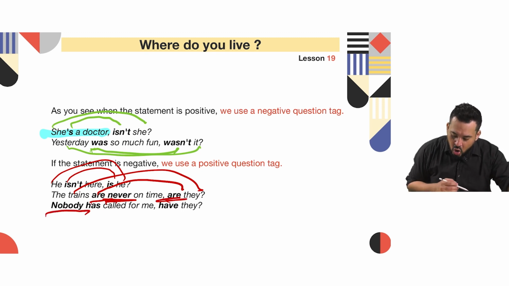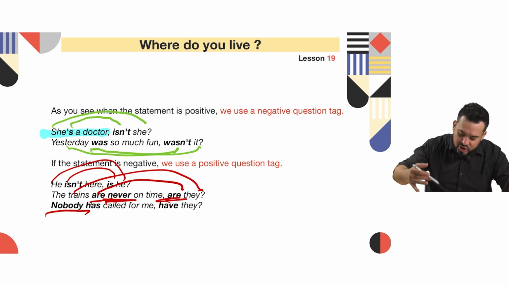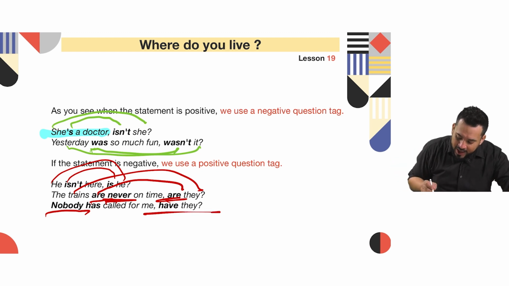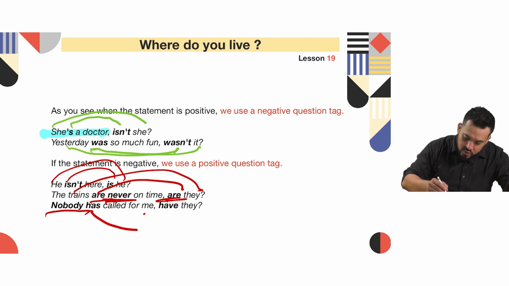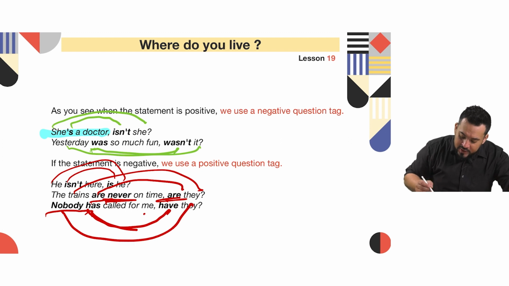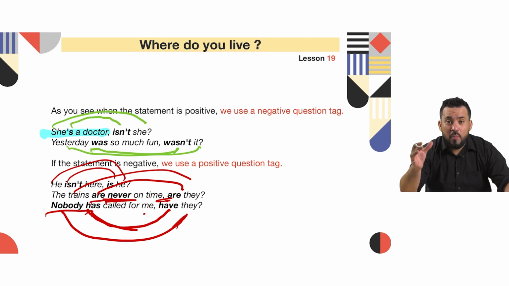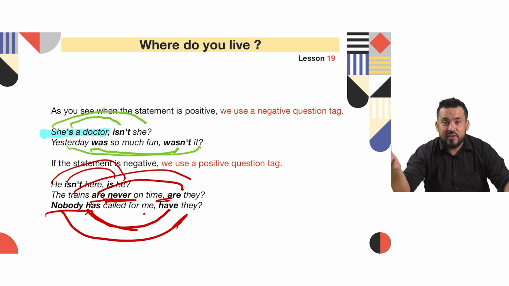Nobody has called me. Nobody has called for me. Have they? Has, have, because it's plural. Nobody is they. Because we have talked about nobody before, and we said that when we use nobody in a sentence, it's always followed by the single form.